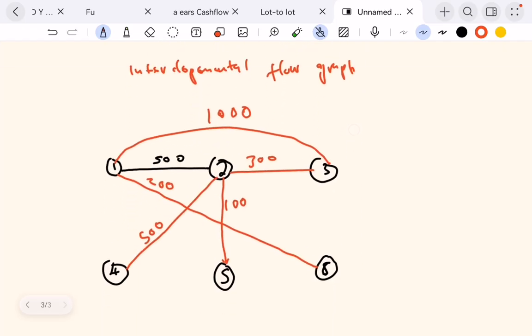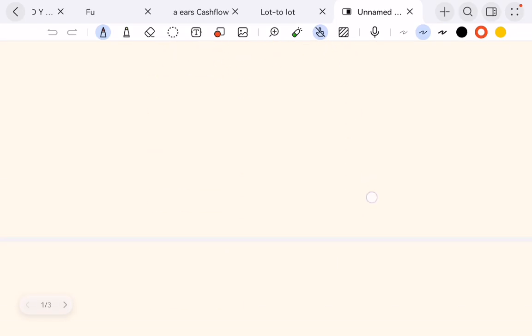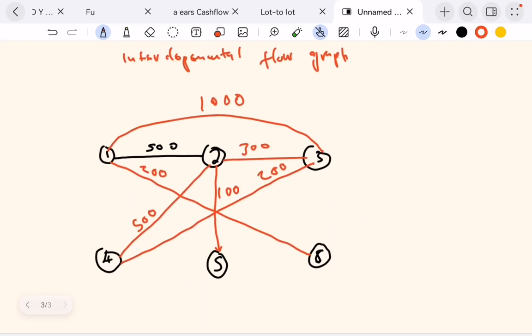So we have 3 to 4, which is 200. So we have 200 there. Then we have 3 to 6, just here. It's somewhat 1,000, right?